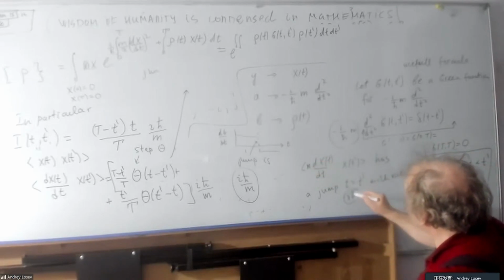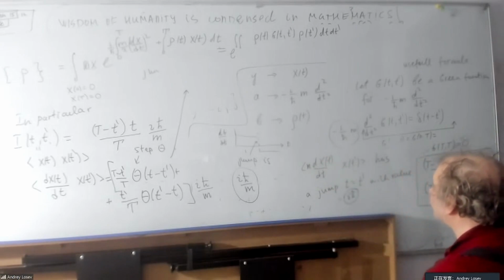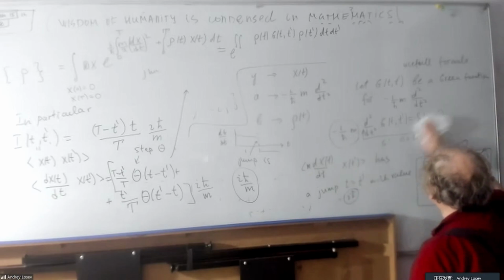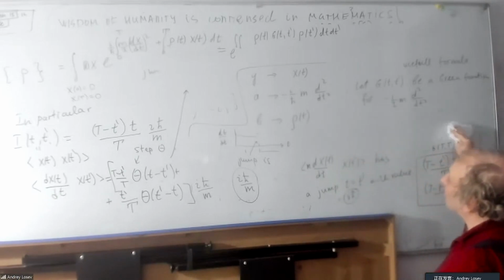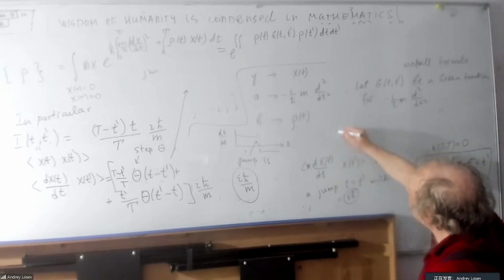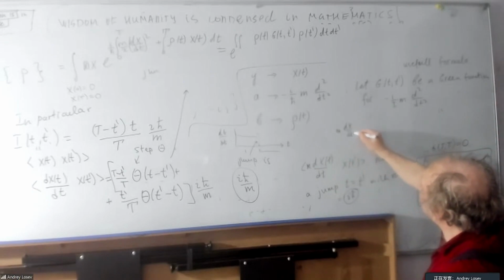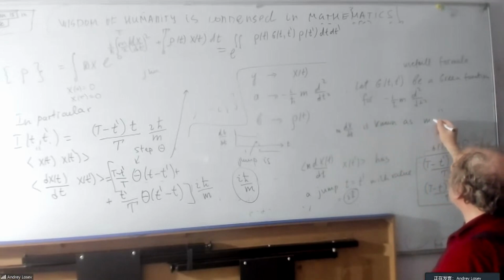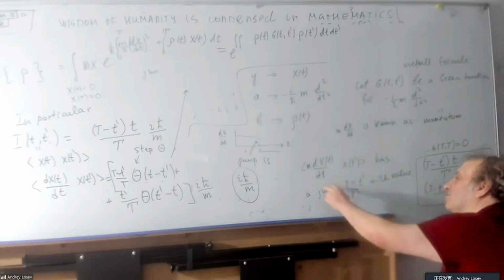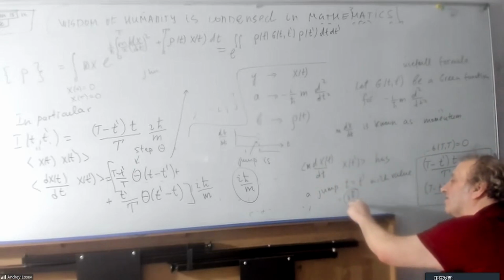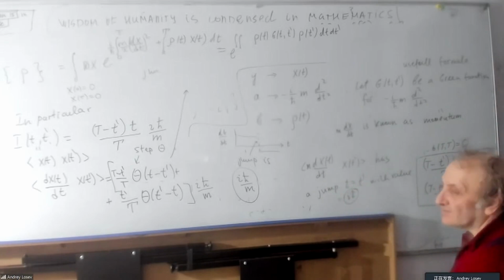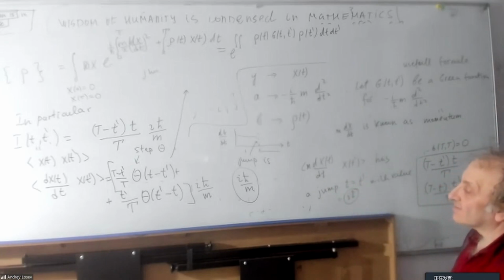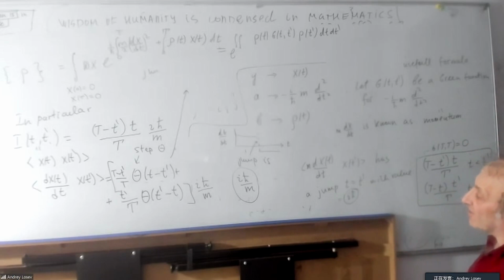So the jump is I times H. At the same time, we know that in classical mechanics, M dx over dt is known as momentum. So we see that momentum and coordinate have a jump that equals I H. So let us remember this.